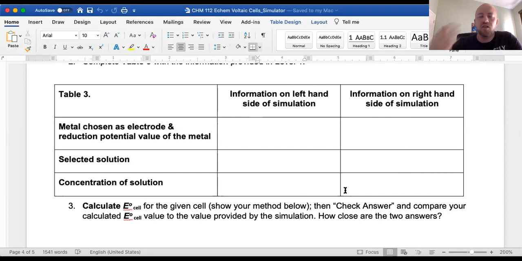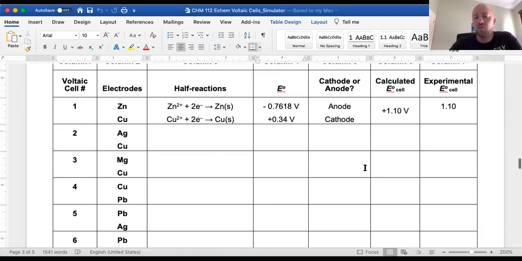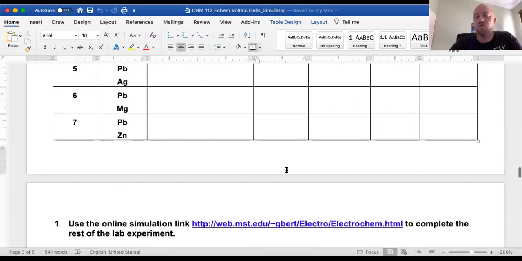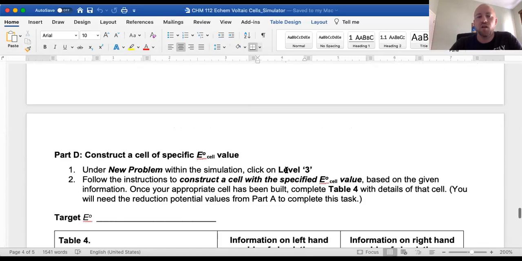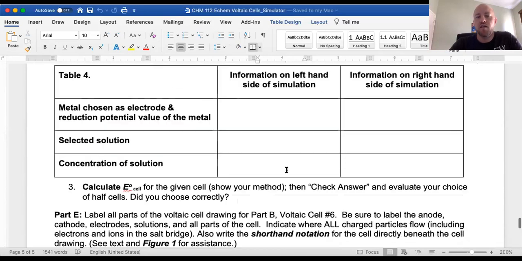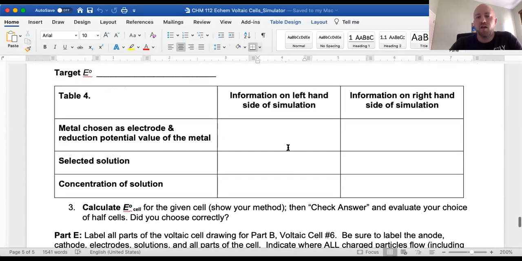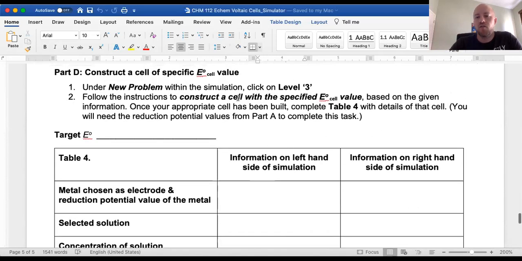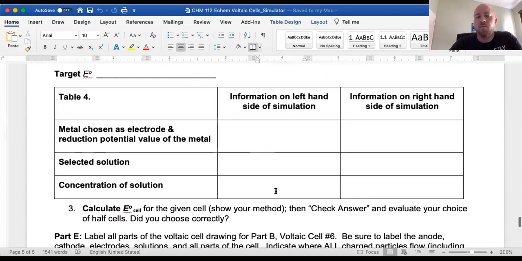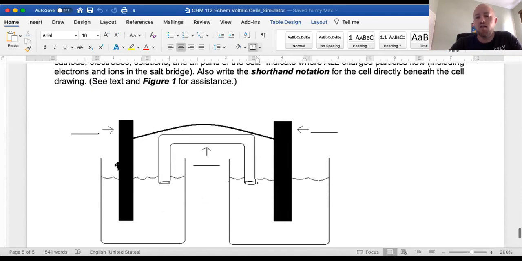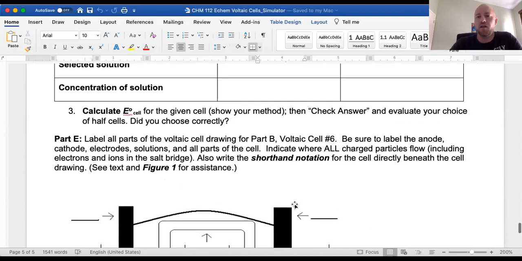It just gives you a random example, but a lot of the random examples are very similar to these solutions up here. And then part D is another kind of random example, and here you're just going to draw or label your solution, which again you would essentially derive from the simulator.